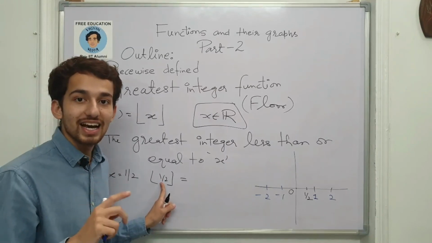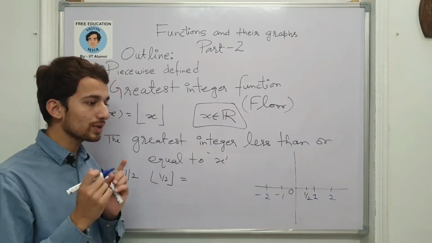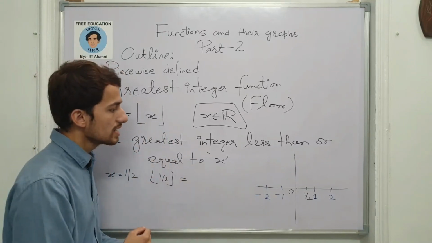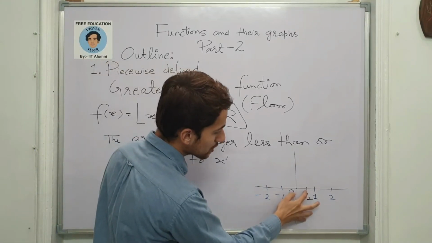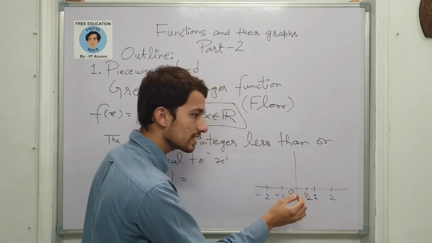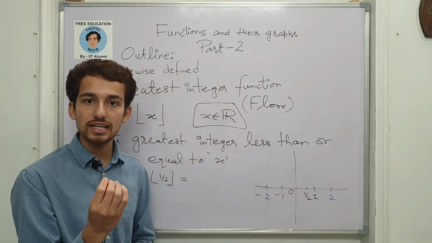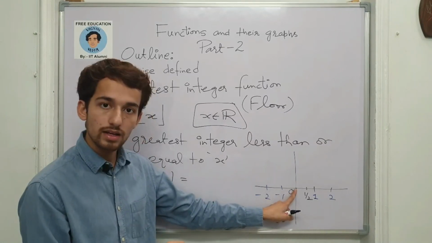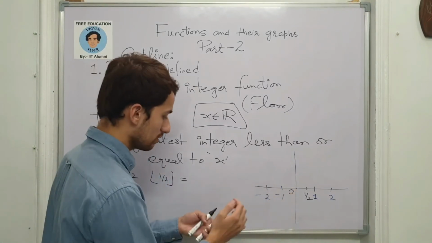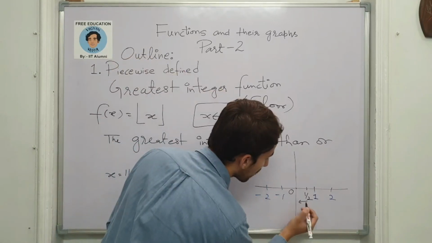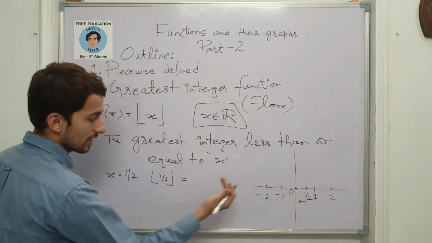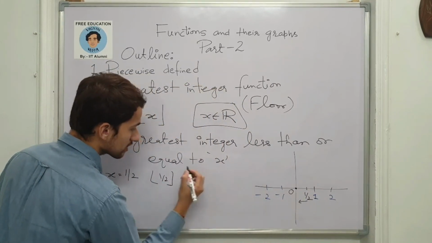So definitely the output which you're going to get is certainly the nearest integer on its left. So if you see, x equals half lies here, and the nearest integer to its left is 0. So the output is 0.